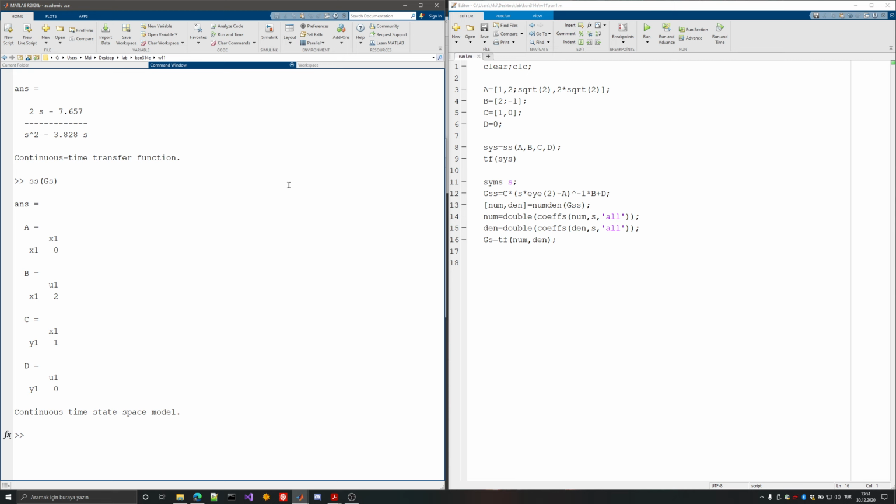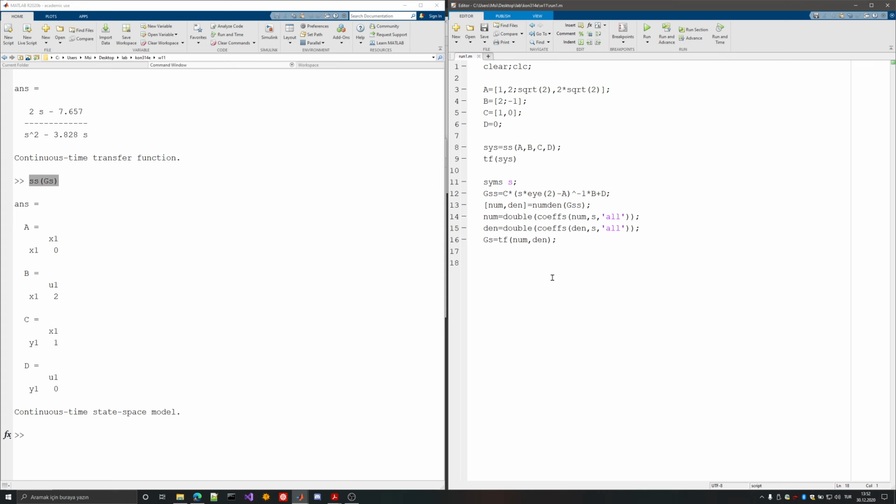Because if you use this, let's say this is sys2 here, and we've converted GS back to the state space. I'm sorry. And then let's say this is GS2, and then I'm converting it back.